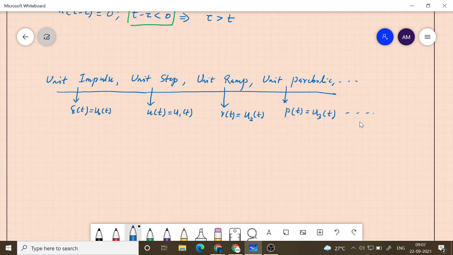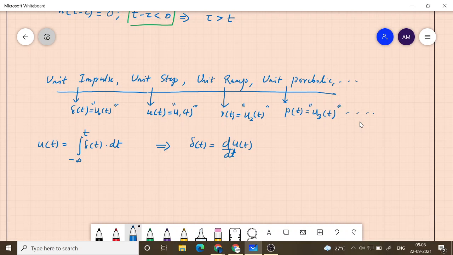Now the relationship is like this. We know that u of t is the integral of delta of t dt from minus infinity to t, or you can say this in a different way: delta of t is equal to d by dt of u of t. So with the new notations, impulse function is called u0, unit step is called u1, and then similarly u2, u3, etc.